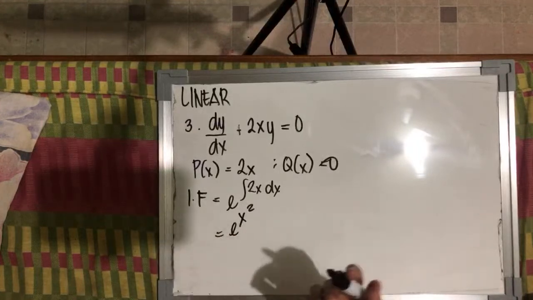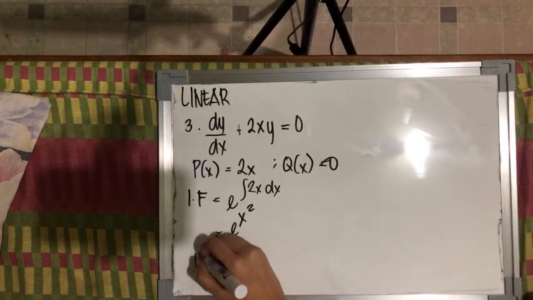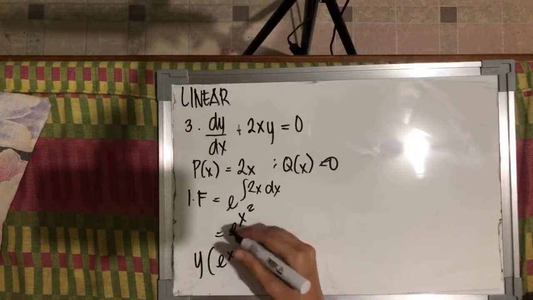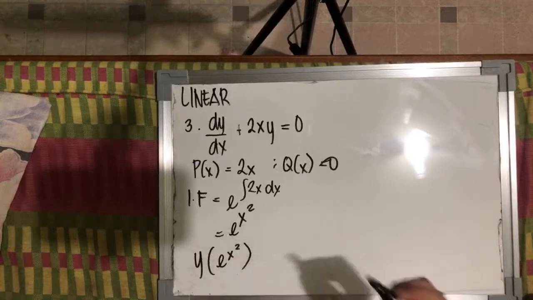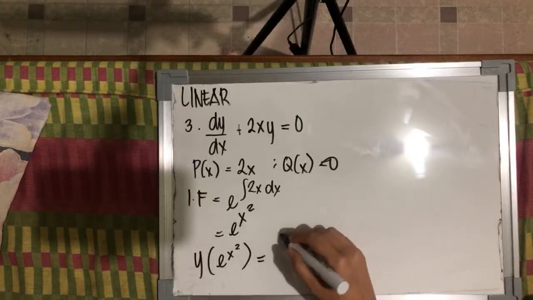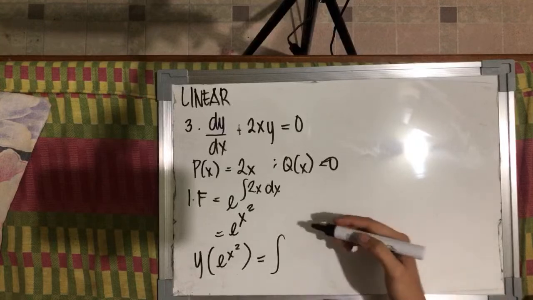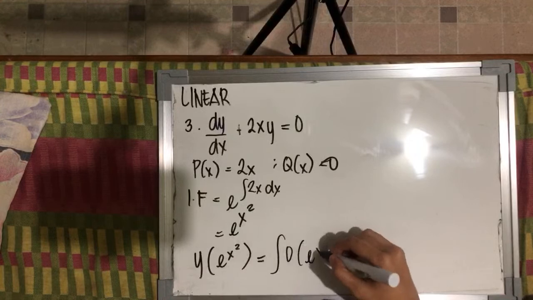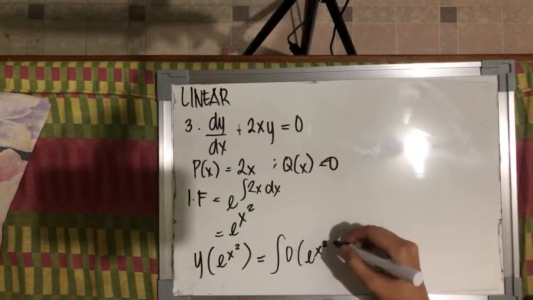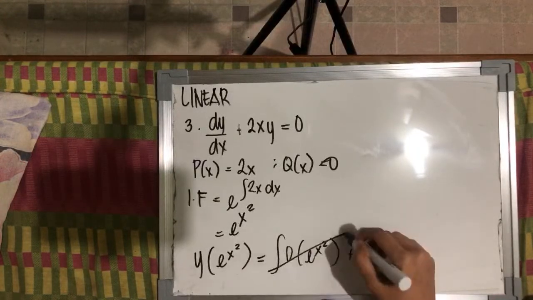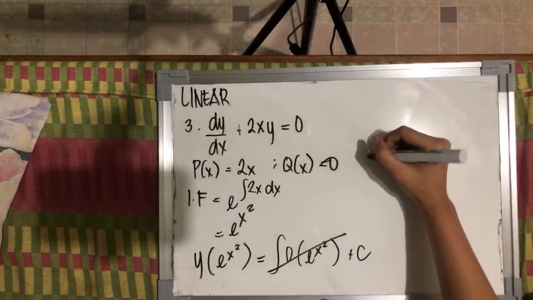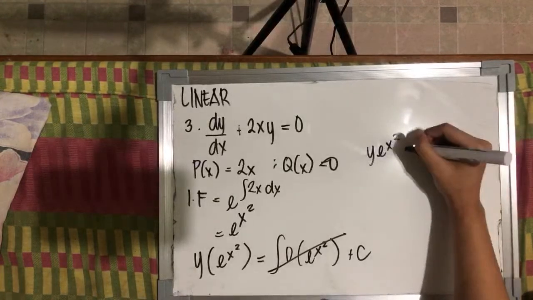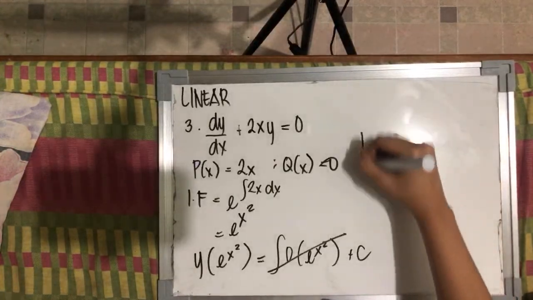Substituting in our general solution, y times integrating factor e raised to x squared is equal to the integral of q of x, which is 0, so 0 times e raised to x squared plus c. So, cancel that. Final answer: y e raised to x squared is equal to c.